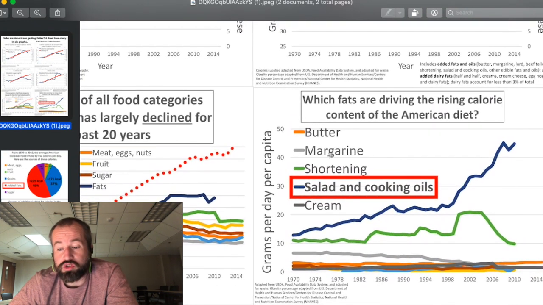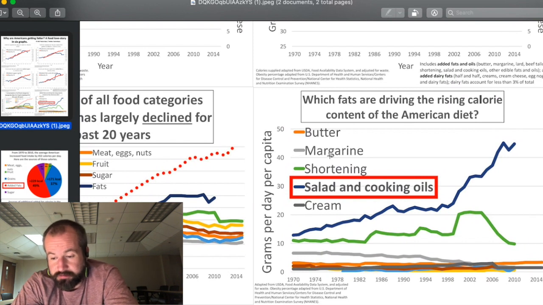So what's driving this increase in fats? Well, if we look at the different fats, the trends in the grams per day per capita of different fats, we can see very clearly that starting in 1970, margarine has been falling ever since. People don't want to eat margarine anymore for good reason. Butter has been relatively consistent. Cream, relatively consistent.